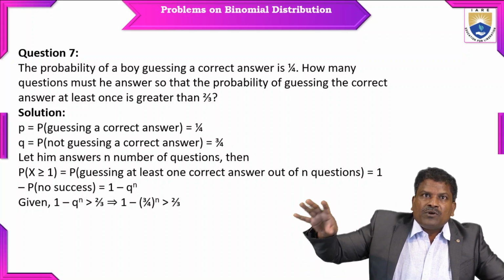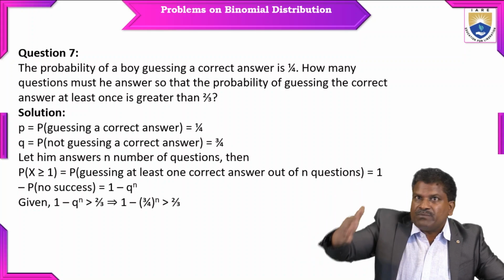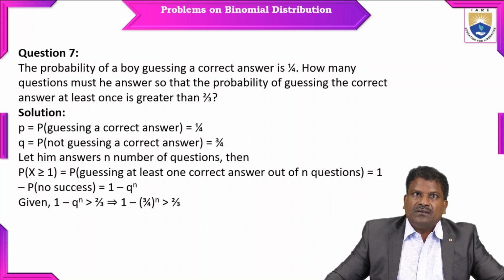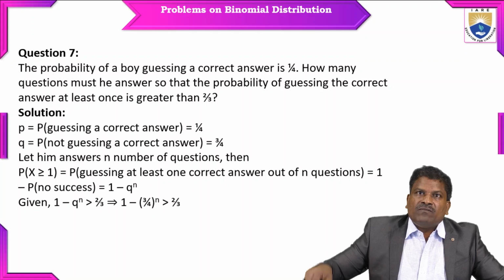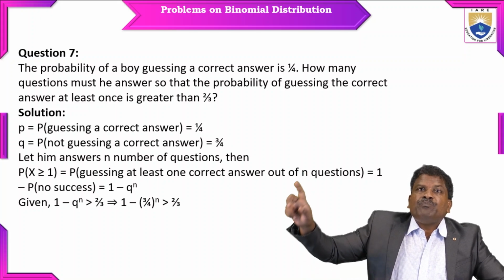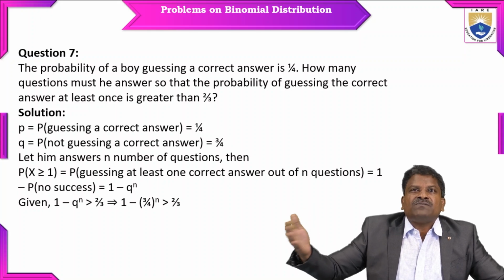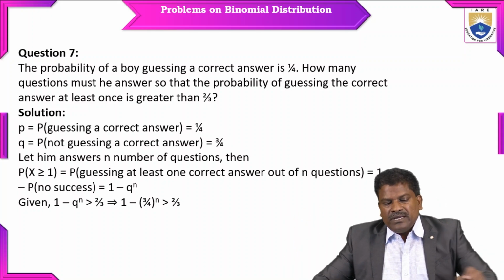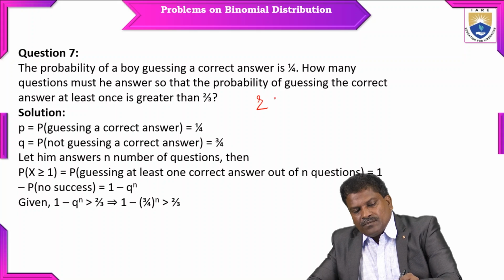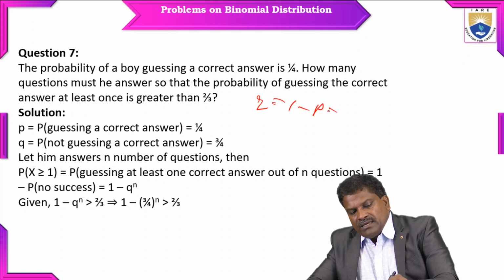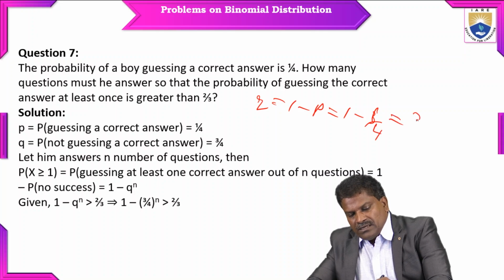Probability of guessing a correct answer is 1/4, given there. Now, what is Q? P of not guessing a correct answer. Q is 1 minus P, it is 1 minus 1 by 4, it is 3 by 4.